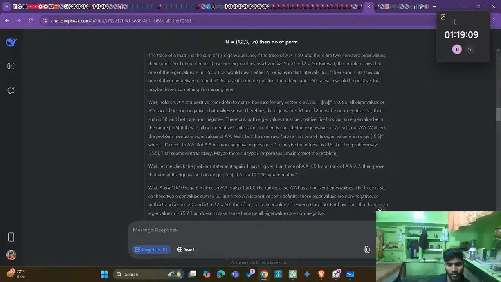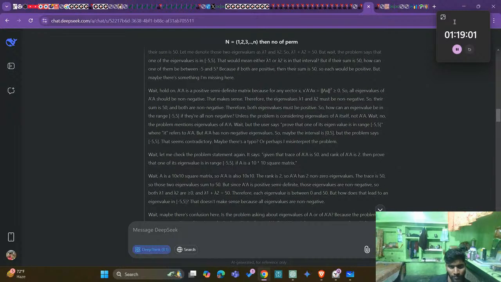But it has non-negative eigenvalues. That seems contradictory. Maybe there is a typo, or perhaps I misinterpreted the problem.